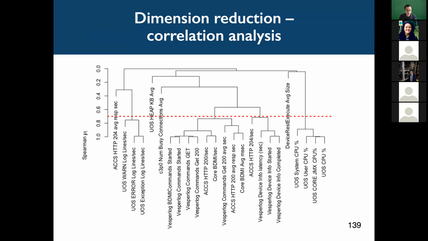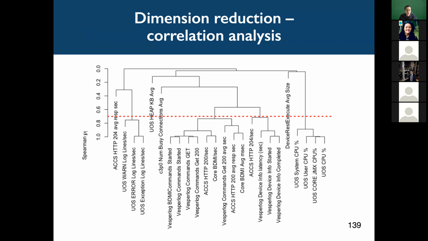This is another way to do a correlation analysis to reduce the dimension. We can measure the correlation between the variables, and if two variables are very highly correlated, we reduce one. In this figure, it shows the correlation between the variables. The bridge connecting two variables indicates their correlation.